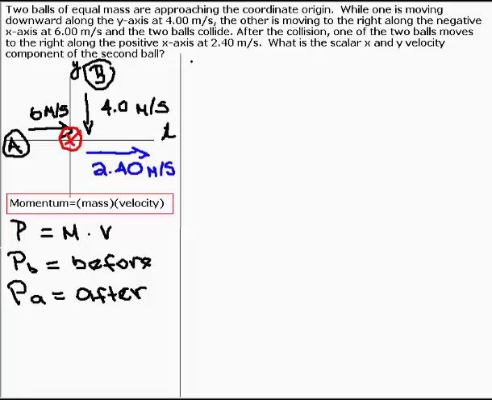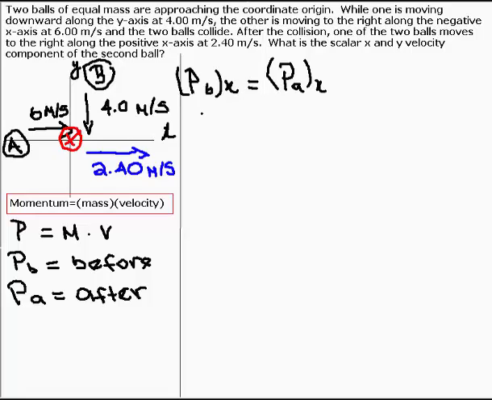So now we'll be focusing on momentum along the x-axis. Given that momentum is defined by mass times velocity, for the x direction we have P before in the x direction equals P after in the x direction. So momentum is conserved, therefore momentum prior to the collision is equal to momentum after the collision.